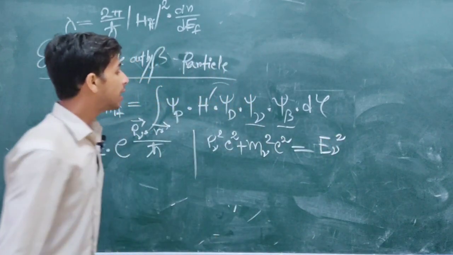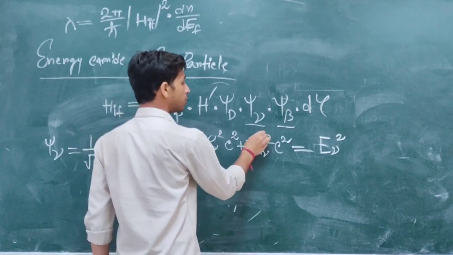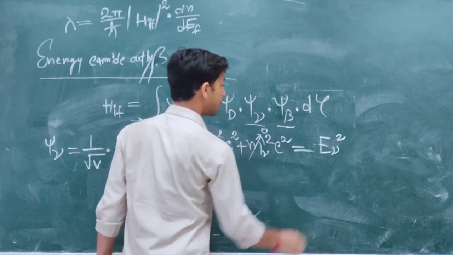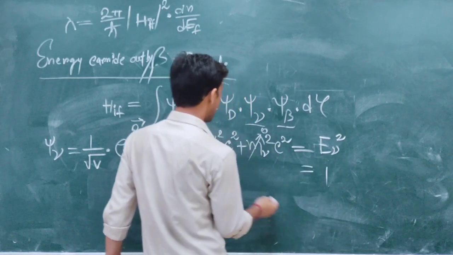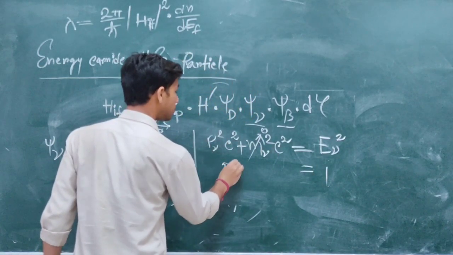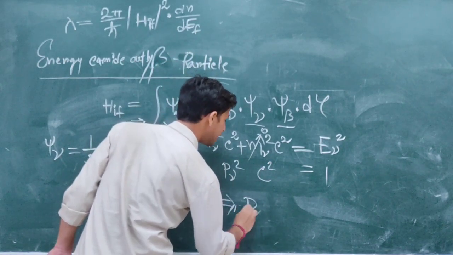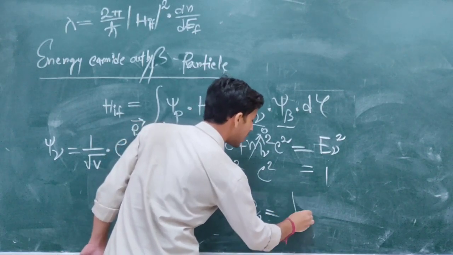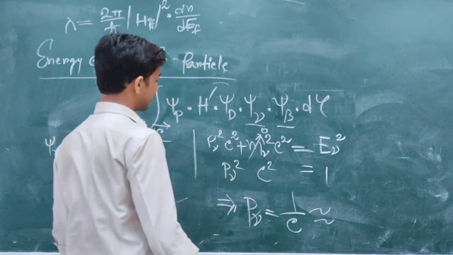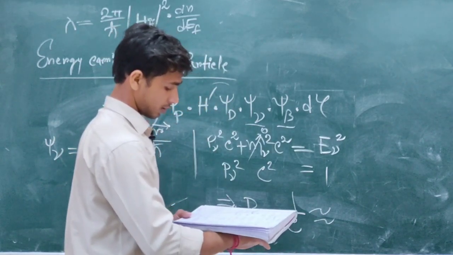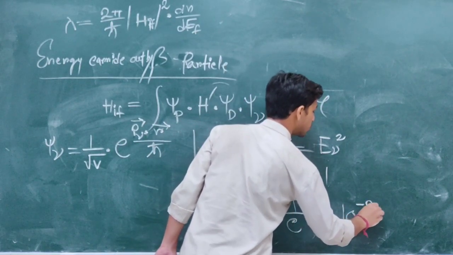Now if you consider the mass of the neutrino, the rest mass is 0 and the energy of the neutrino is 1. In that case you will get 1 squared is 1, and here we have P_nu squared C squared, so you will get P_nu equals 1 divided by C, that's roughly equal to 10 to the power minus 2.